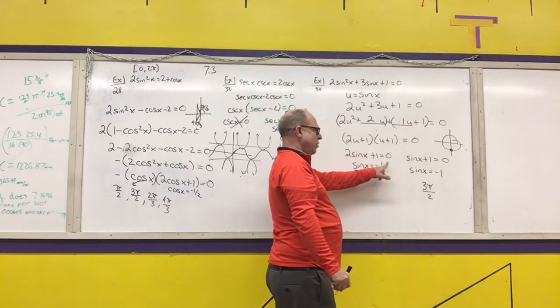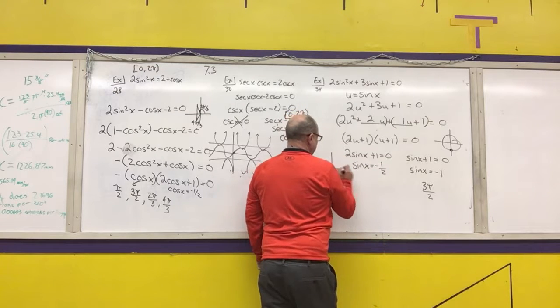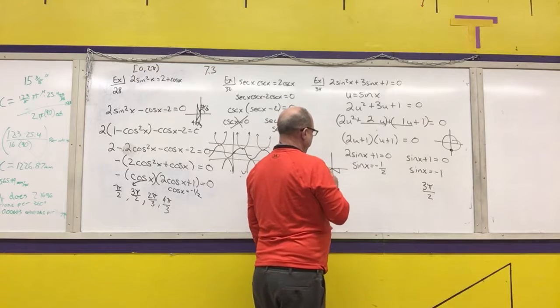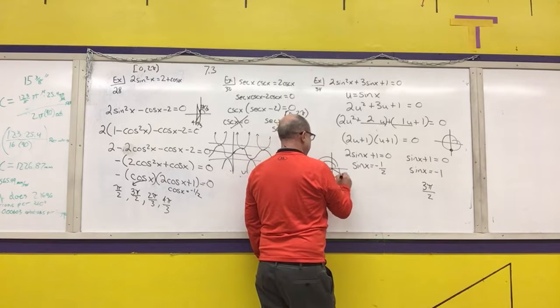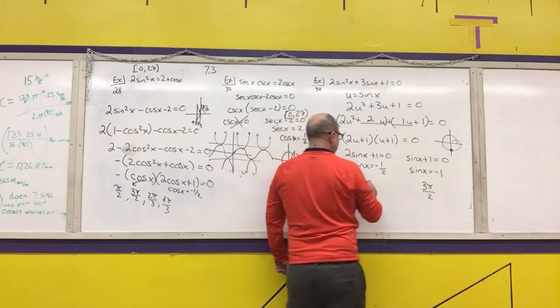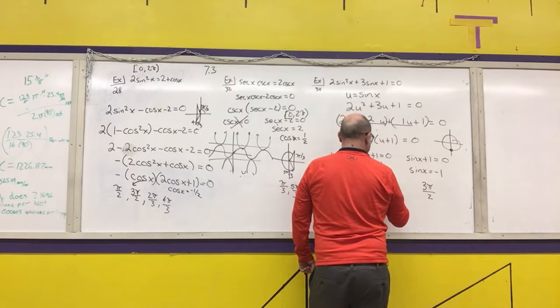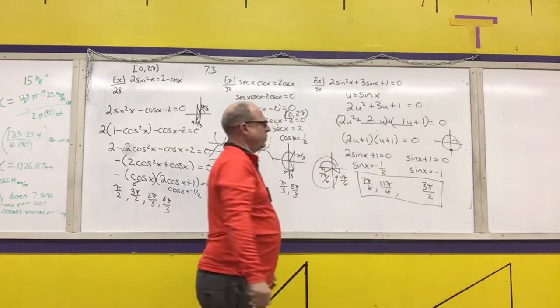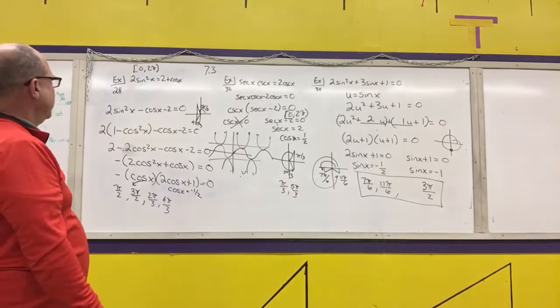Sine of x is my y-coordinate. Y-coordinates are negative in quadrants 3 and 4. So the short side of the triangle to be my y-coordinates. This would be 7 pi 6. And the other one would be 11 pi 6. So 7 pi 6, 11 pi 6, and 3 pi halves would be the answer there. And that will be all the examples that I do for section 7.3.